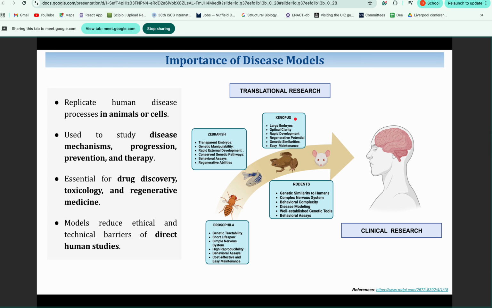Then if we talk about Xenopus, which is this frog, it has large embryos, optical clarity, rapid development, regenerative potential, genetic similarities and easy maintenance. These are some of the features of the frog.